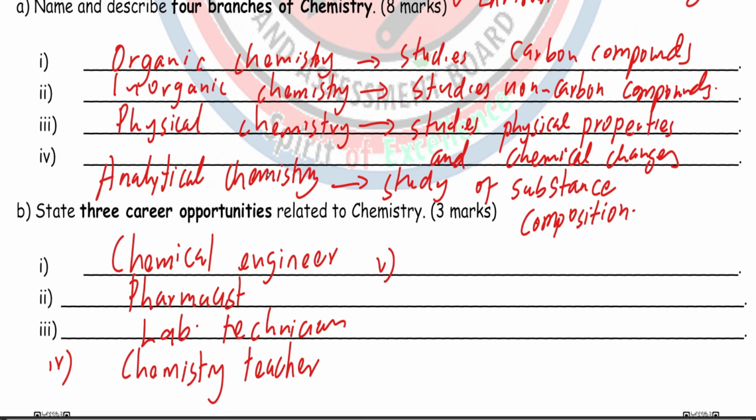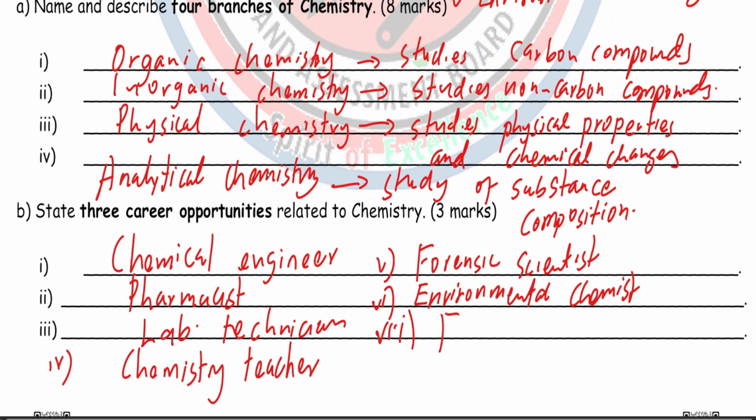You can become something. There's a profession called forensic scientist. Okay. There's also environmental chemist. You mainly look at the pollutants that are affecting the environment. We also have a food critic or food technologist.